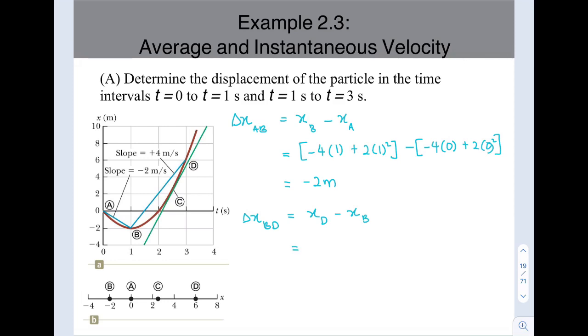So in terms of value, make use of the formula given and substitute the information: -4 times the final t of 3 seconds plus 2 times 3 seconds squared, minus -4 times 1 second plus 2 times 1 second squared. You'll get positive 8 meters. Alright.